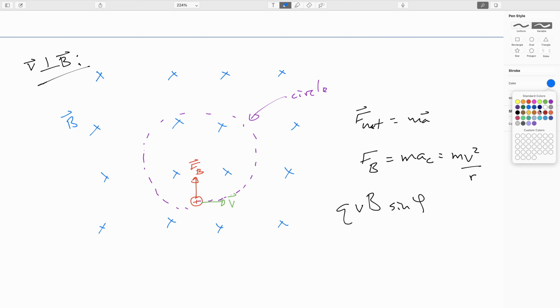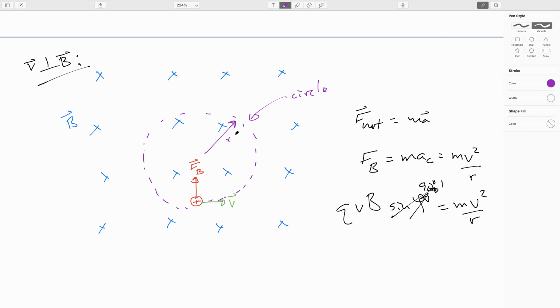Again, that is a 90-degree angle. So we can substitute that our angle phi here is 90 degrees, which makes that sine function equal to 1. And that's going to be equal to mv squared over r, where r is the radius of our circle.